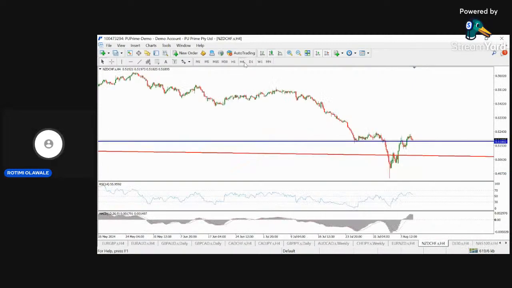So we can go down to the 4 hour, and we'll be looking out for a breakout in the bullish direction on the 4 hour time frame. And there's also a minor resistance here where we expect price to break out above for us to trigger a buy on the New Zealand CHF.